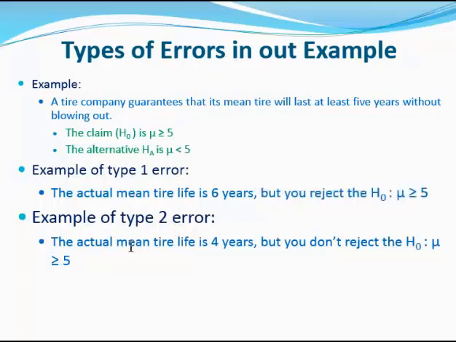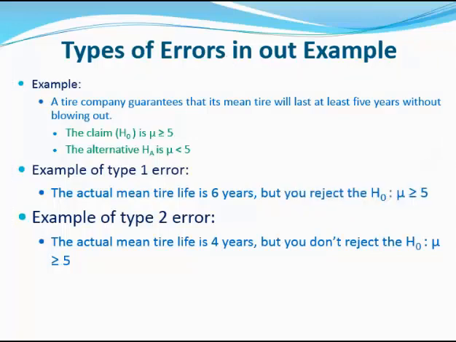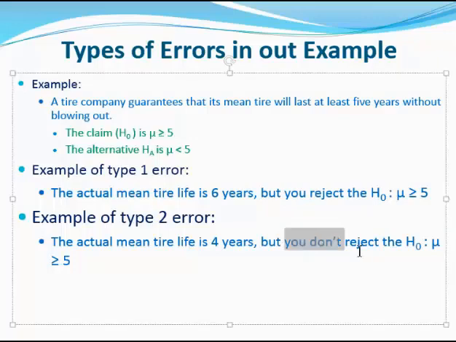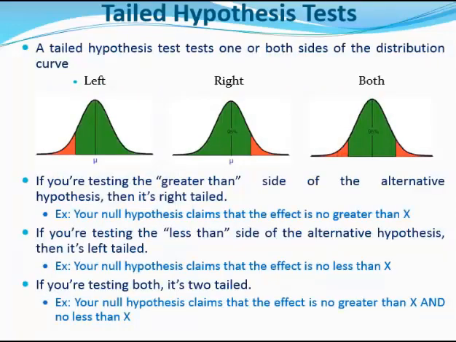And the opposite is when the actual mean tire is 4 years, which means that our original statement was actually false, but I do not reject the null hypothesis. Here I do reject something when it should not have been rejected, so it's a false positive. And here I don't reject it when I should have, and so it's a false negative. Again, not a critical point in this course, but just one thing that could be relevant.